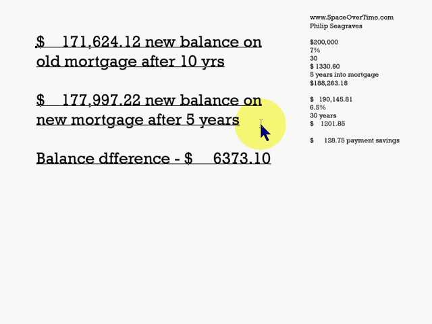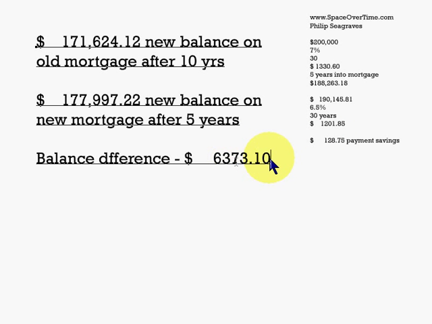Alright, so now we have the good, which is saving $128 every month. And we have the bad: a balance on our mortgage at the end of 5 years that's going to be $6,373 more. Well, how do you compare those two numbers? We could just divide, because that's 60 payments of $128 into the 6373, and you really could do that as a quick rule of thumb, because you're starting to get these payments right away, and this payment goes way out into the future.